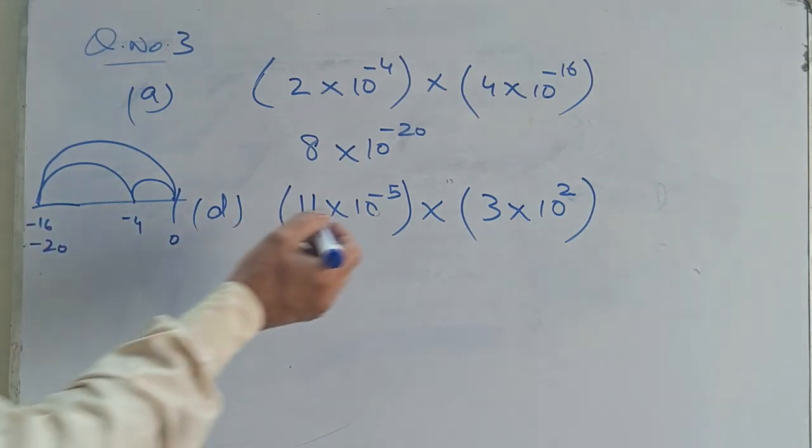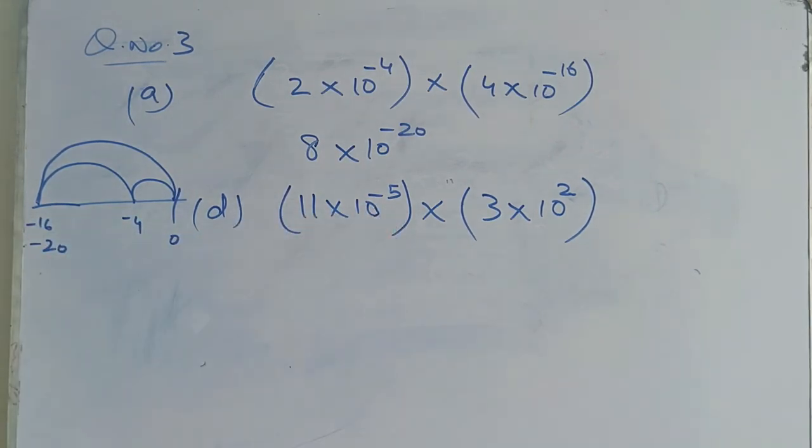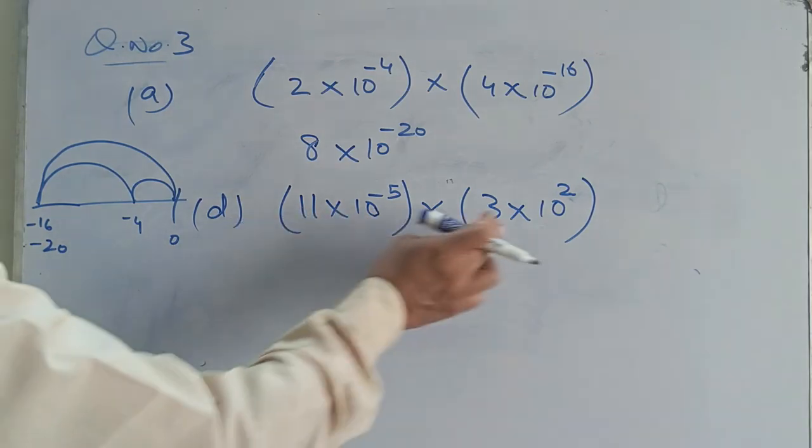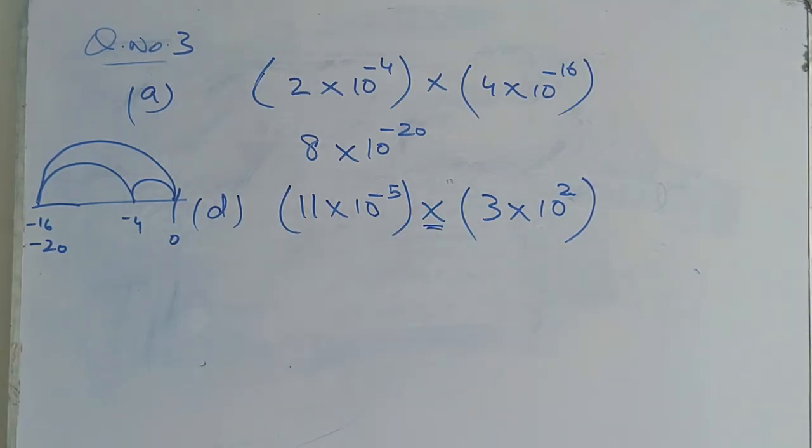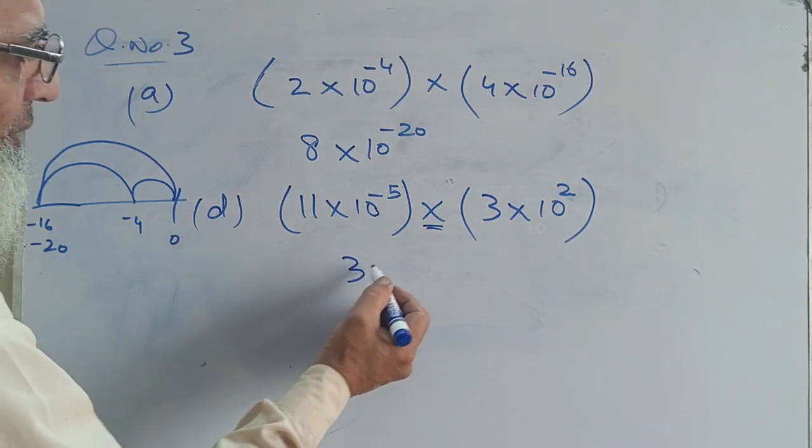So the procedure will remain the same. There is no change in the procedure. You see that 11 multiplied by 3, because this is a multiplication sign over here, so we'll go for the straight multiplication. It will become 33.